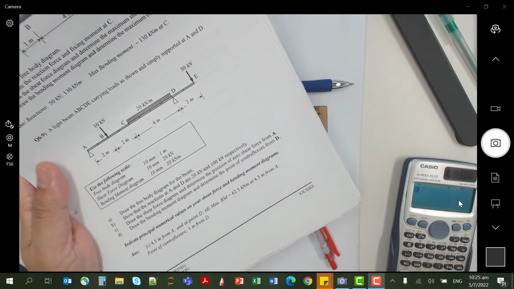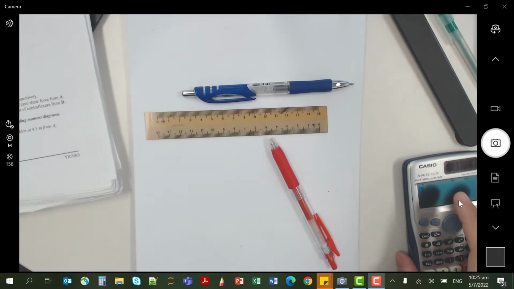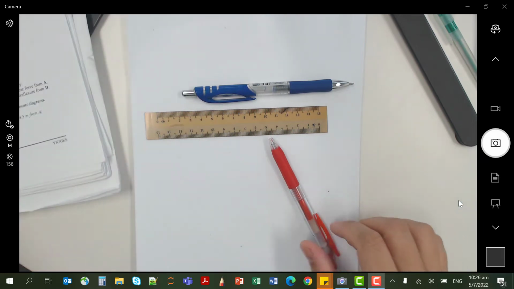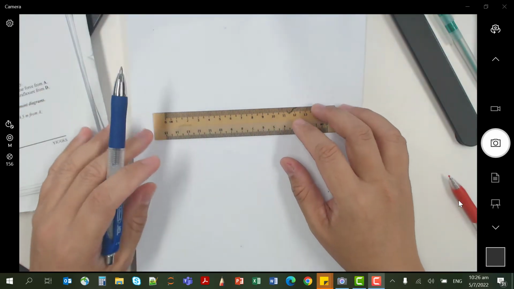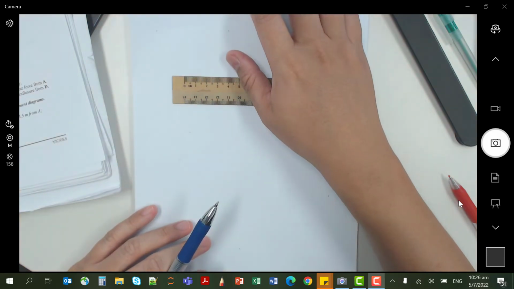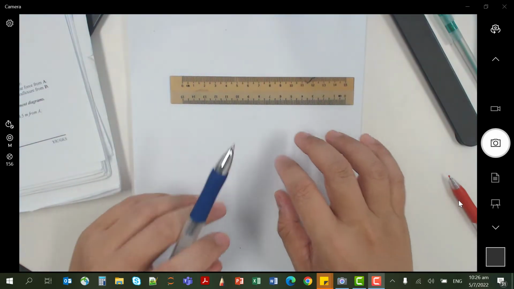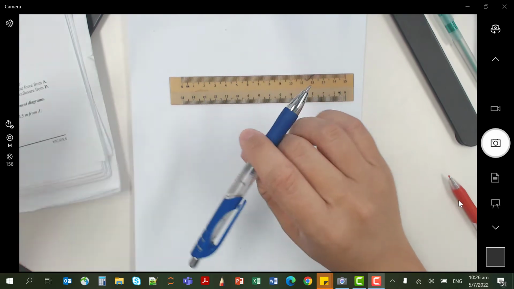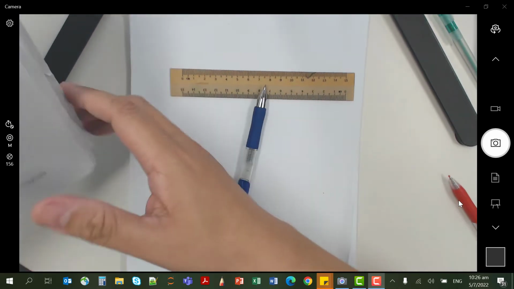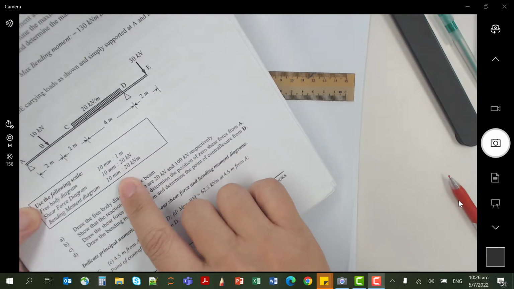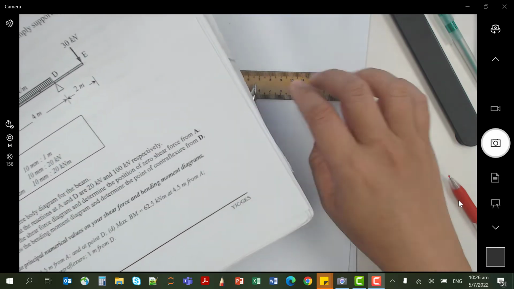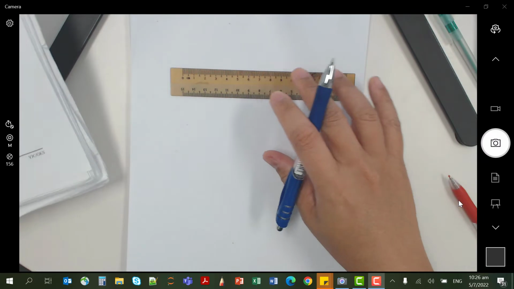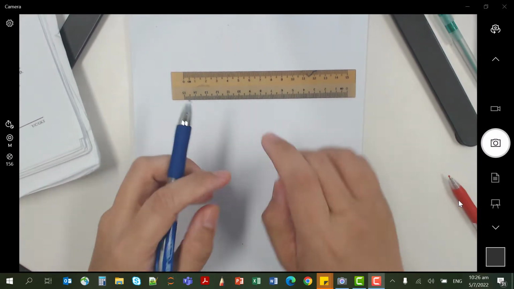important points. So, free body diagram first. There is usually a scale that you should be using. For this case, the scale is indicated in the question, 1 cm for 1 meter, etc. All right, so let's do the FBD first.